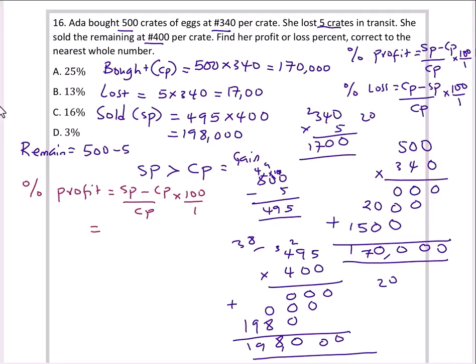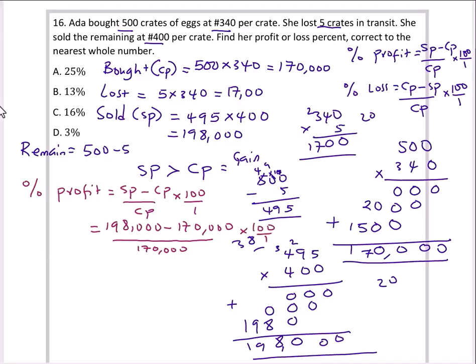So what is the selling price? Selling price, we said, is 198,000 minus the cost price, 17,000, all over the cost price, which is still 17,000, then multiply by 100 over 1.